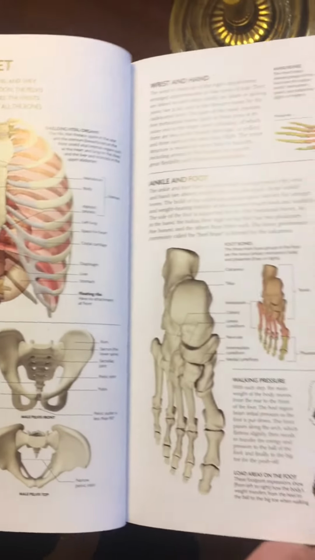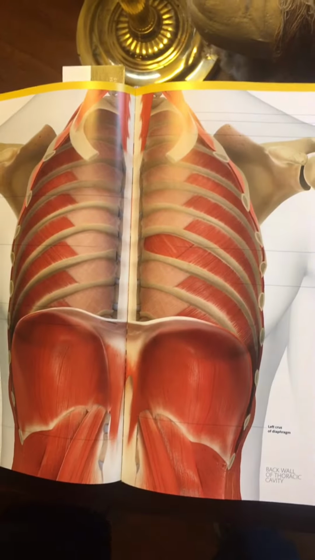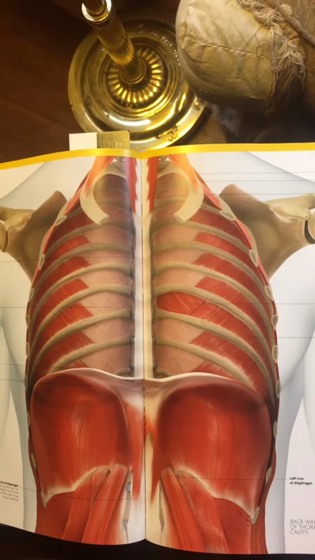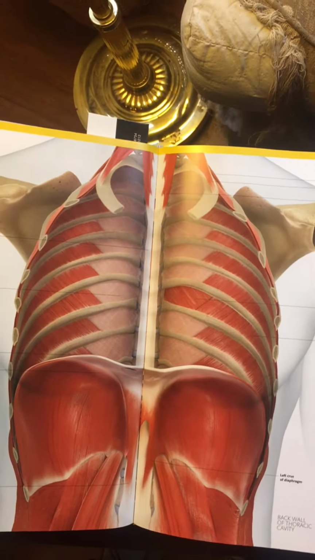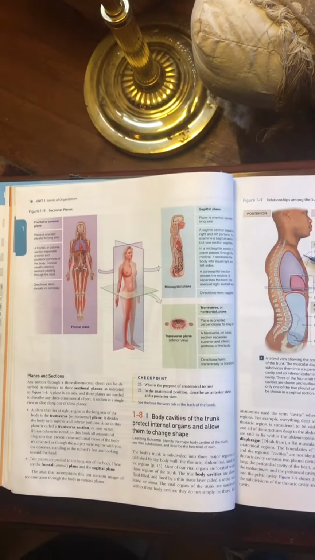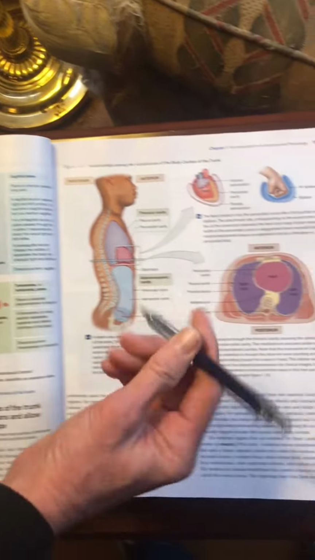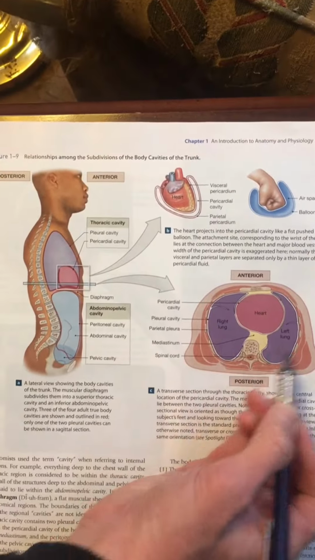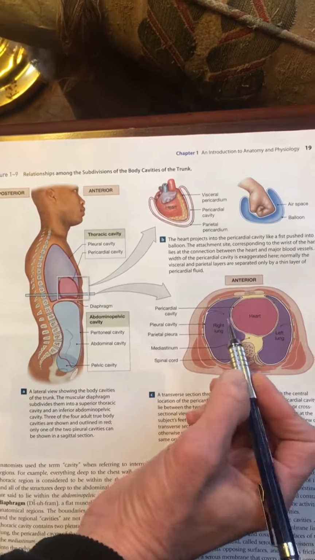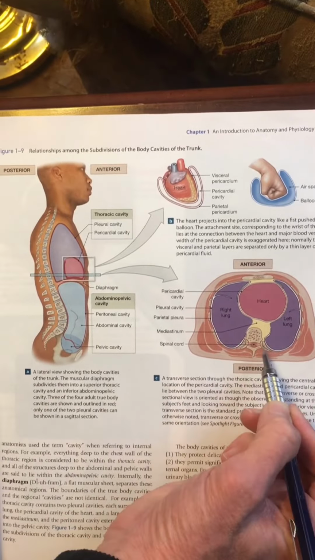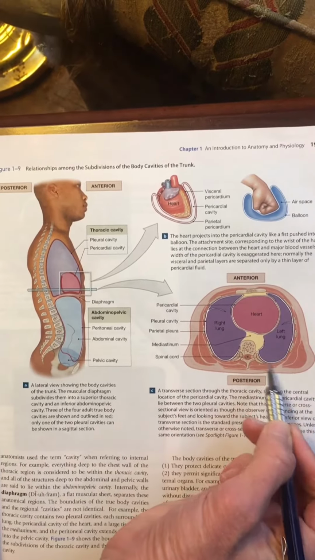And the mediastinum is connective tissue between the two lungs, and the lungs have their own cavities called pleural cavities. This is your left and right lungs, and they're contained within pleura. And we'll talk about what pleura are in just a minute.